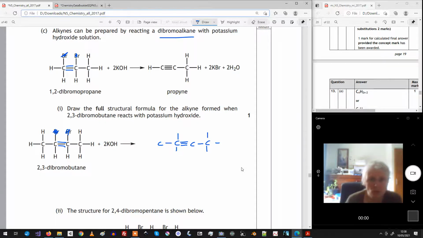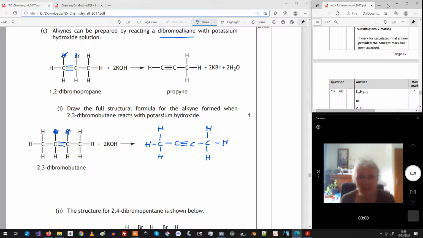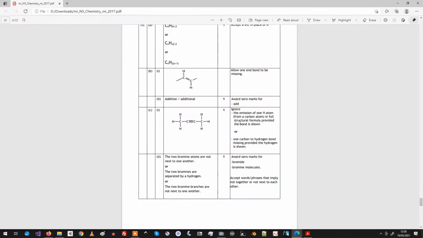Oh, no, you've got to have 4 bonds around each carbon. So that should be it. That's how you do it. I'll show you in the mark scheme guidelines. There we go.